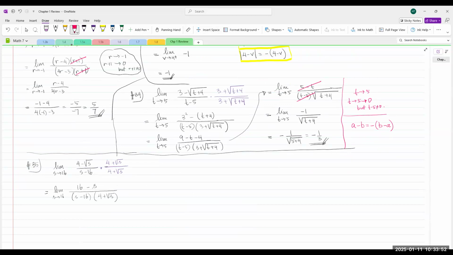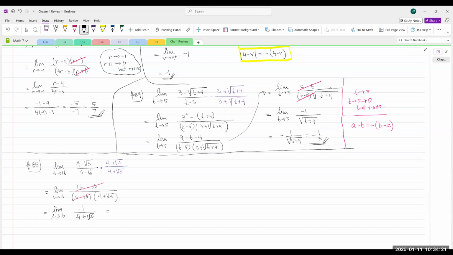Now, notice that s is approaching 16 but not 16, which means s minus 16 and 16 minus s are not 0. So we can cancel that under the limit condition and we get -1 over 4 plus square root of s.